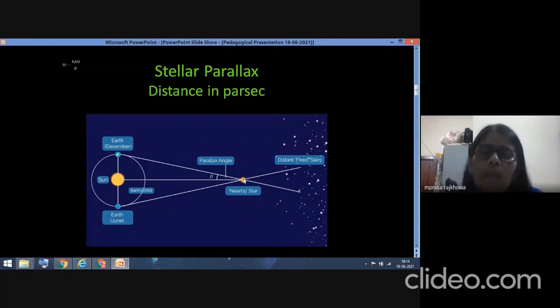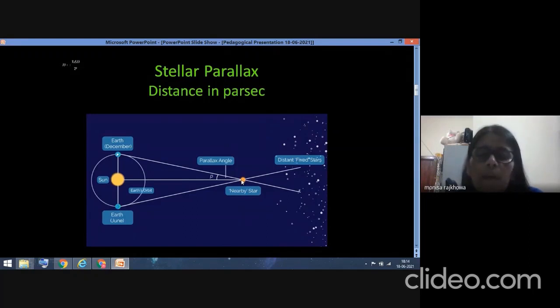Now, measuring the parallax angle from the surface of the Earth is not easy, and there are some disadvantages of measuring the parallax angle from the surface of the Earth.